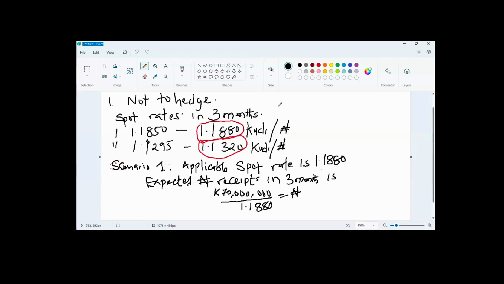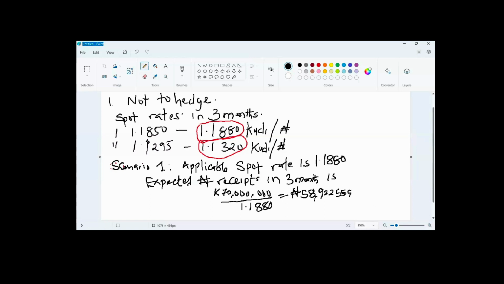It should be 58 million, 922,558, 559 approximately. That is the Naira amount if scenario 1 should happen.